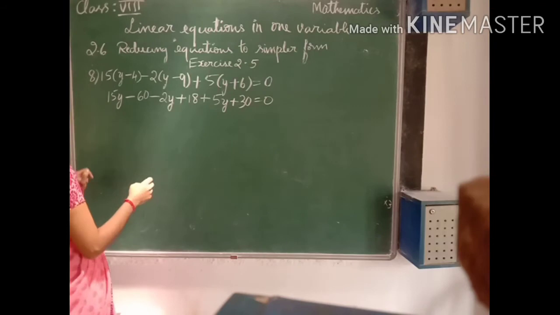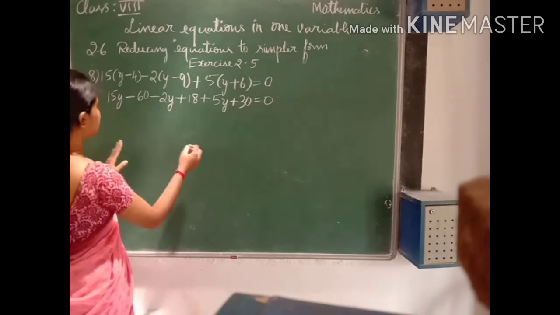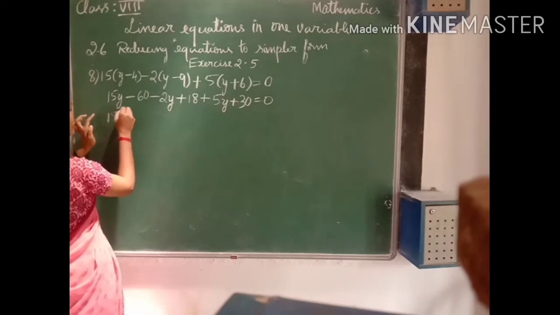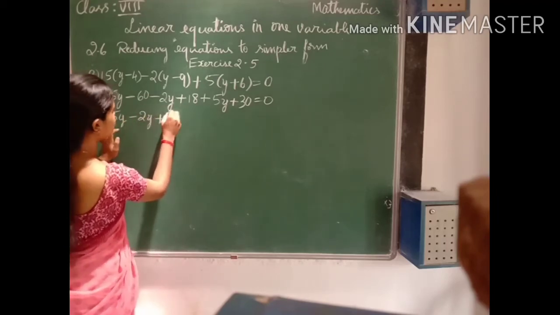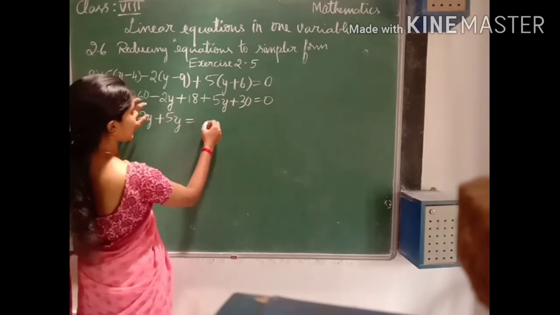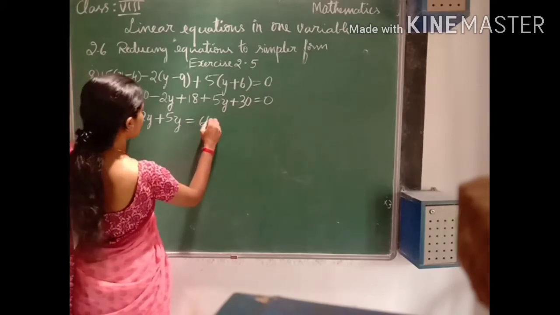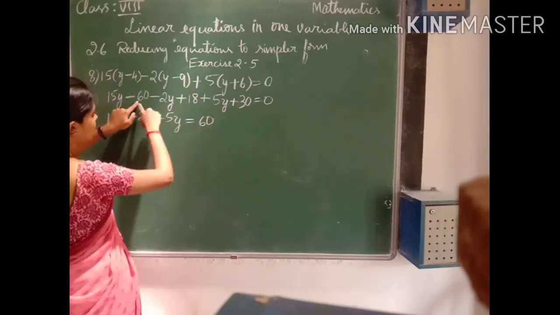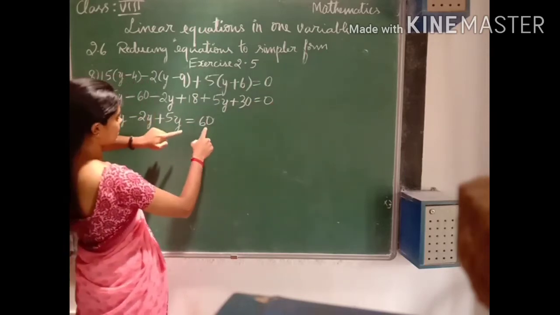After that, now you separate the constant and variables. 15y minus 2y plus 5y is equal to, take the constant to the right side, 60 minus 18 minus 30. When you take it to the right side, minus 60 will become plus 60.